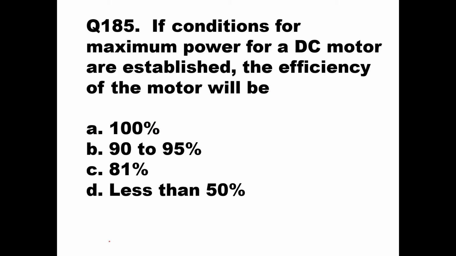Question number 185. If conditions for maximum power for a DC motor are established, the efficiency of the motor will be what? 100%, 90 to 95%, 81%, or less than 50%. If the conditions for maximum power are established, the efficiency of the motor will be less than 50%.